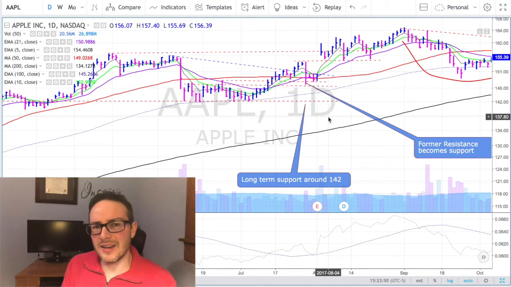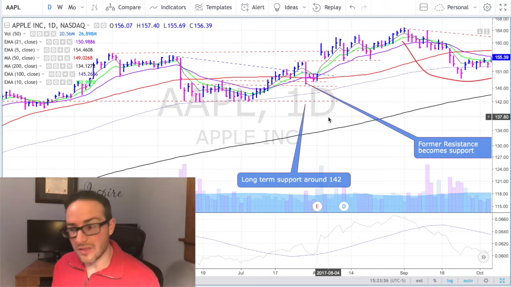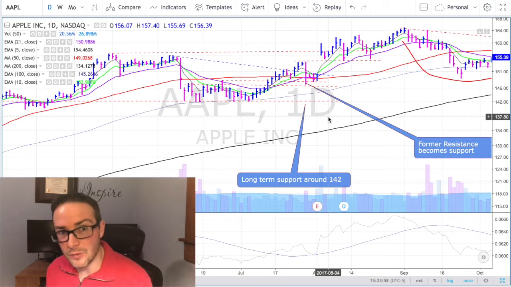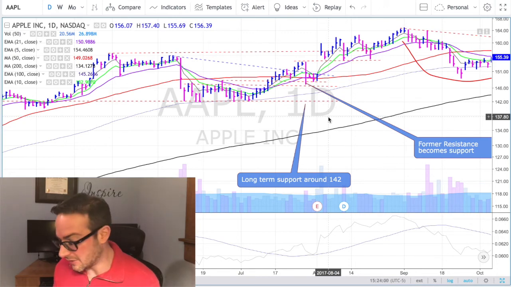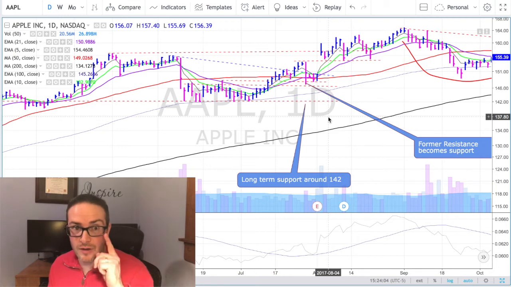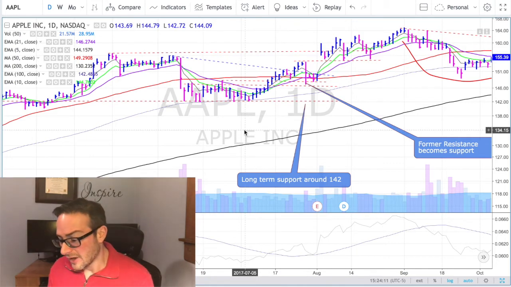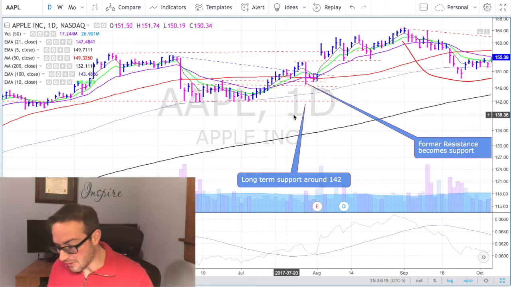So you really need to be in tune with not just what's going on the weekly chart, but also what's going on the daily chart, especially if you are somebody that's striking out on your own. Not impossible, but it takes a bit of work, and you need to train your eye to see the nuances of patterns like this, where there's different layers of resistance and support, and where all these different moving averages are going to fall.